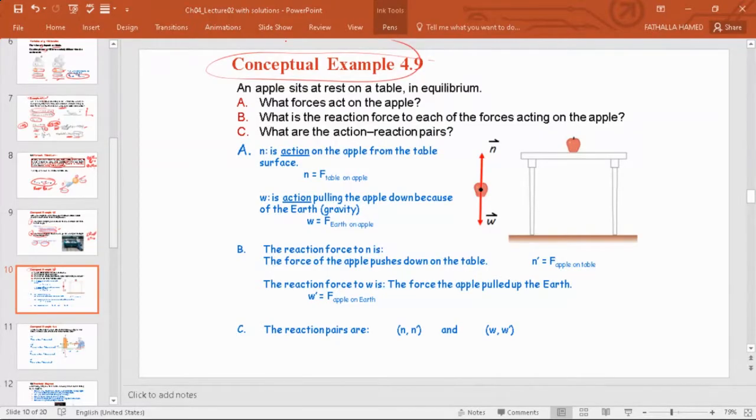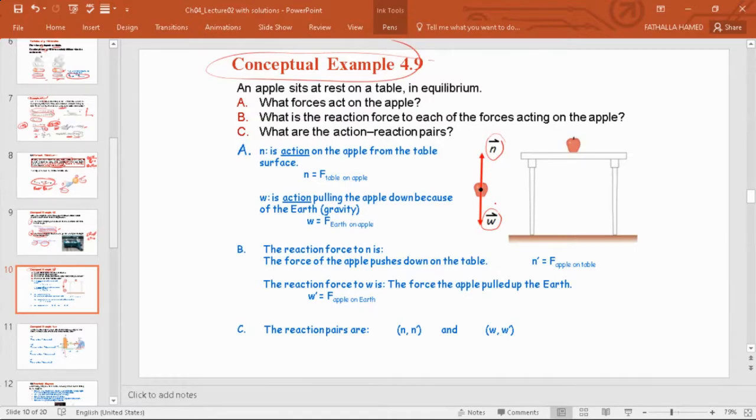What are the action-reaction pairs? Now, if you do your free body diagram, and I told you always take things from the center of the mass, you have a normal force, which is coming from the table that supports the apple. And the earth pulls on the apple with the weight. These are the two forces.